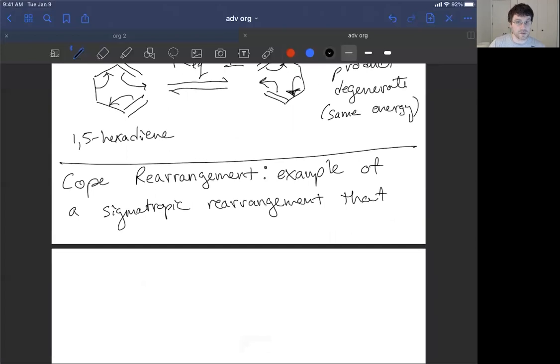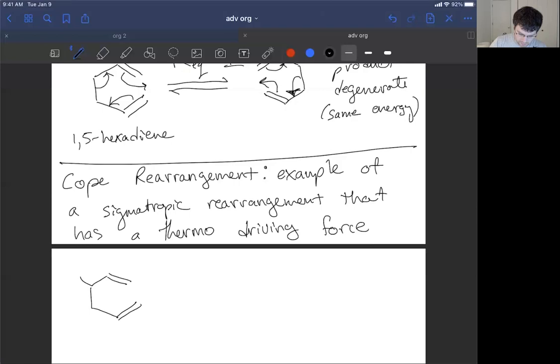That's going to serve as our thermodynamic driving force to get to one side of the equilibrium in our sigmatropic rearrangement. So the reaction is thermodynamically driven to one side of the equilibrium, and it's just taking advantage again of Le Chatelier's principle.